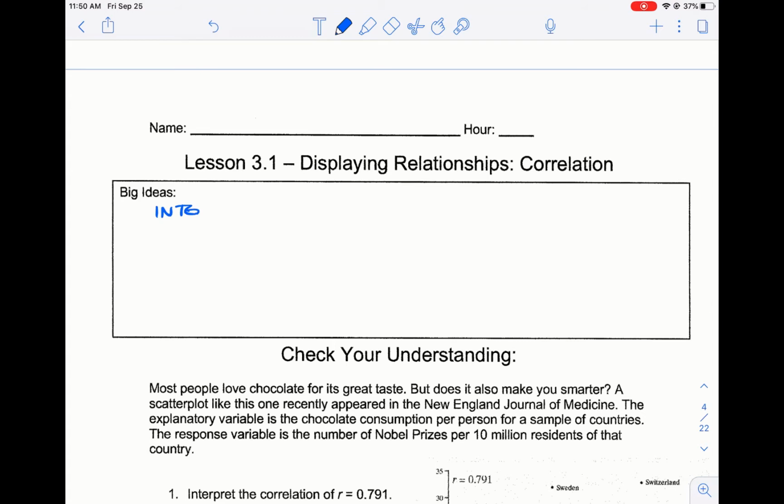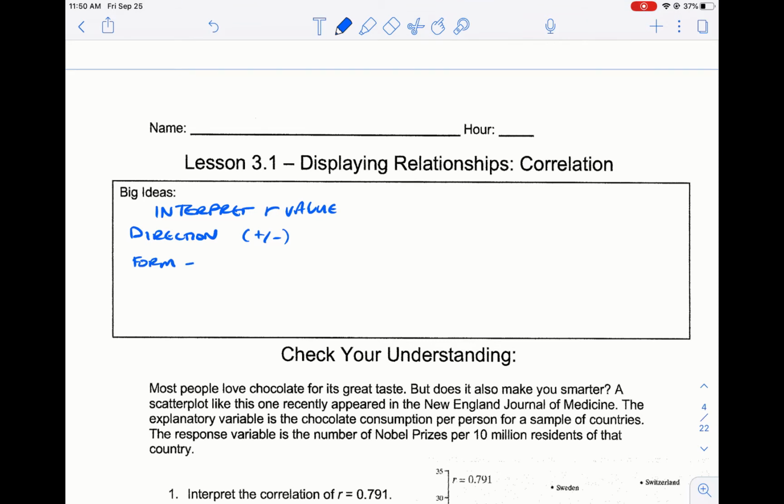So the big ideas here would be when we interpret the R value, it's talking to us about direction. And the direction is going to be positive or negative. Positive is going to go up and to the right, and negative is going to be down and to the left.